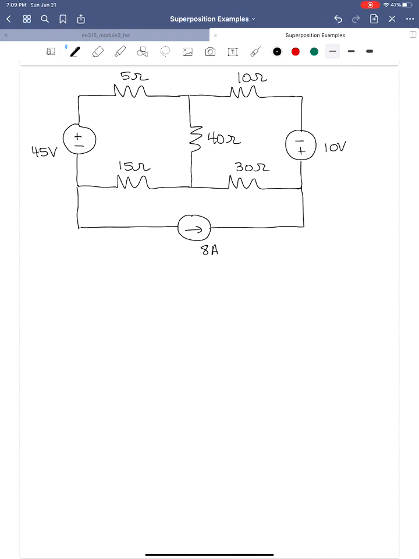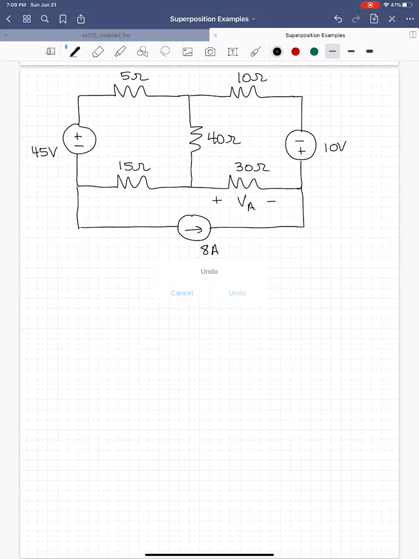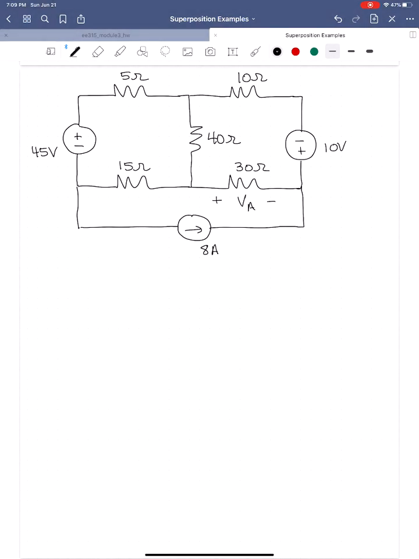And we're going to solve for this voltage here, VA. All right. So we have 3 independent sources in the circuit. We're going to have 3 sub-circuits, 3 parts to that voltage VA.